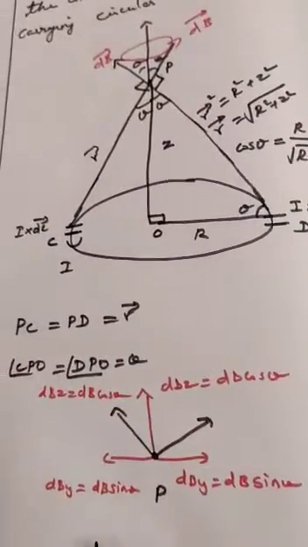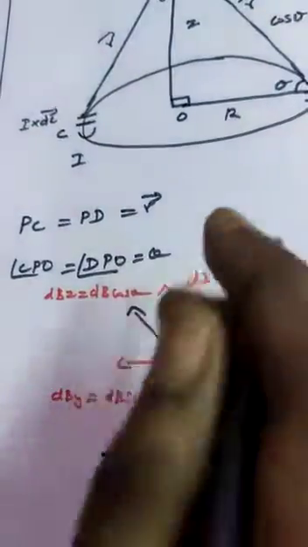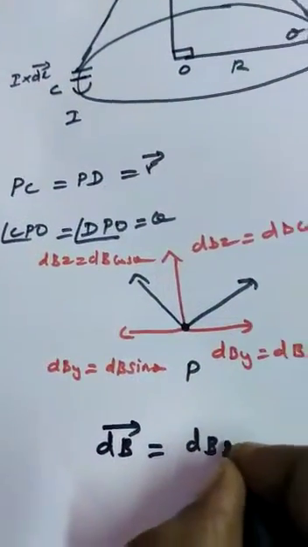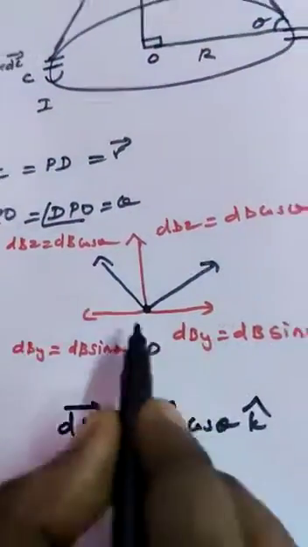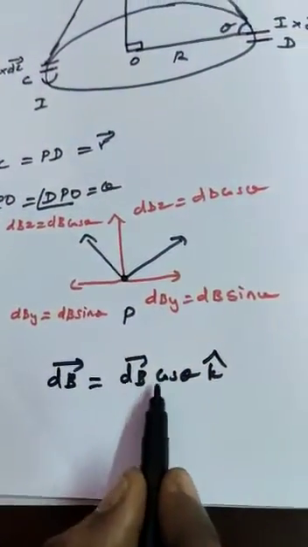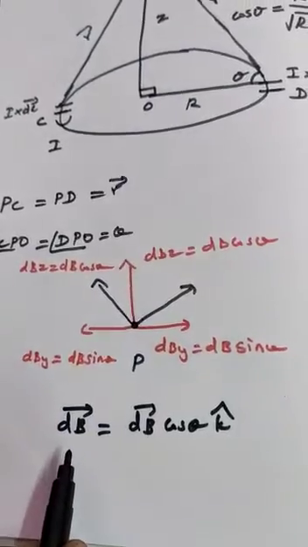So here at point P, the magnetic field is only due to the vertical component. That's why dB is equal to dB cos theta k cap, because the resultant vector lies in the z direction.